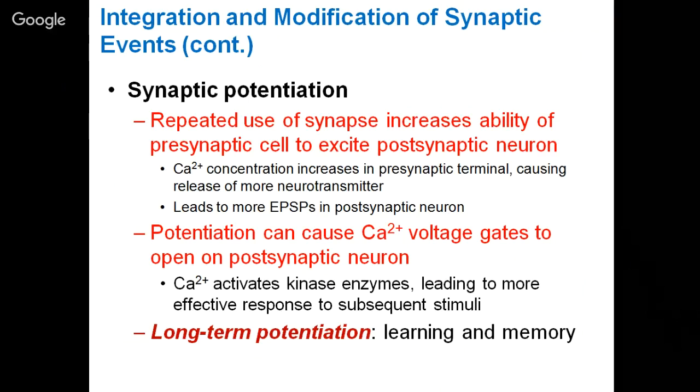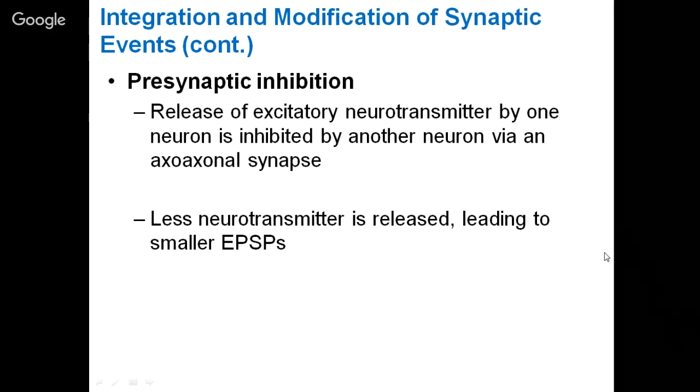And this leads to more excitatory synaptic potentials in the postsynaptic neuron. The potentiation can cause calcium ion voltage gates to open on the postsynaptic neuron. It's related to long-term potentiation, and it's related to learning and memory.